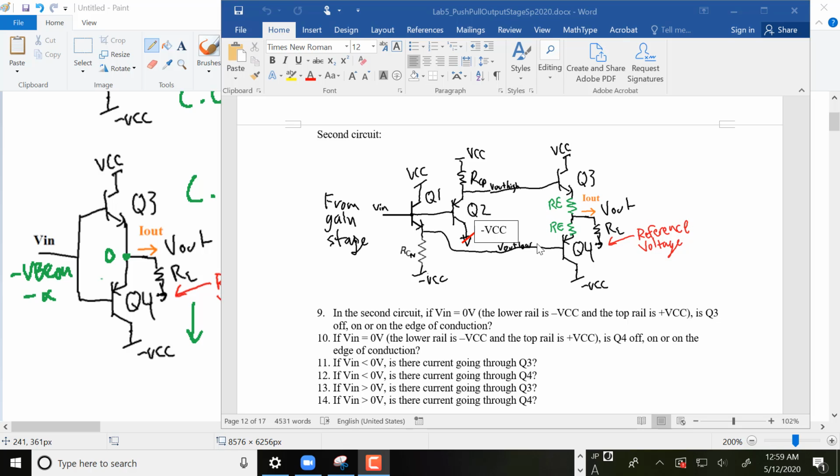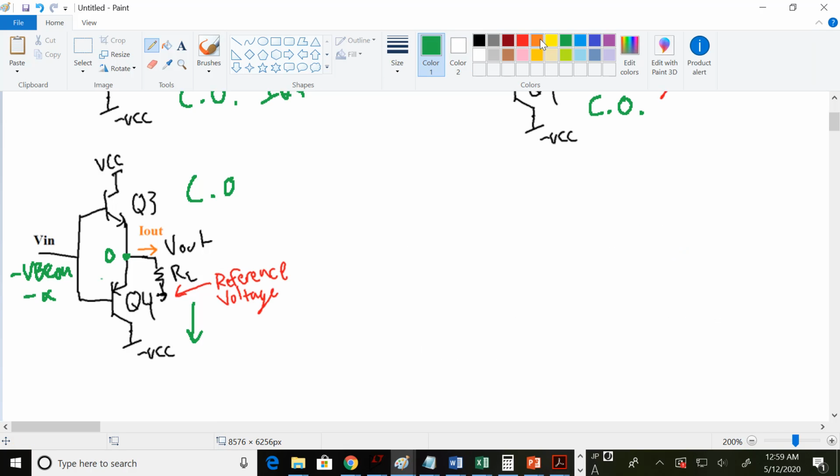And you can figure out what voltage you need across here because you want both of these just on the edge of turning on. So that means you have a VBE, let's look over here, just because the REs are getting in the way here. So it means you have a VBE across the base emitter of Q3 and a VBE on across the emitter of Q4. So notice that the emitters are at the same voltage. So if you need a VBE on across Q3, that means from this node to here, you need to have a VBE on.